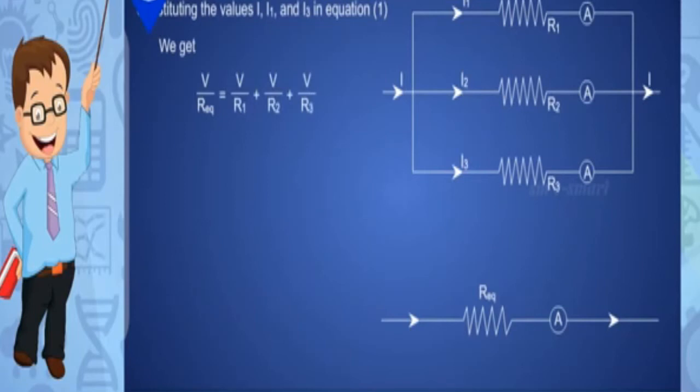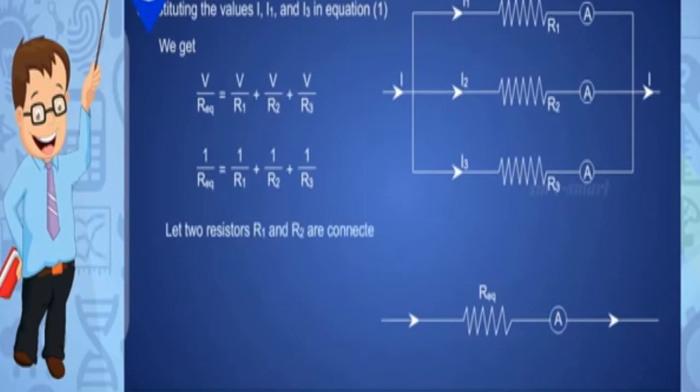So 1 by Req equals 1 by R1 plus 1 by R2 plus 1 by R3. If two resistors R1 and R2 are connected in parallel, 1 by Req equals 1 by R1 plus 1 by R2.